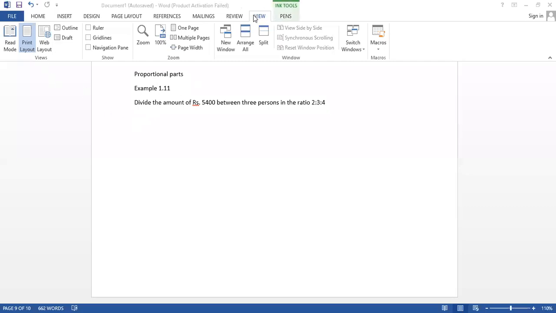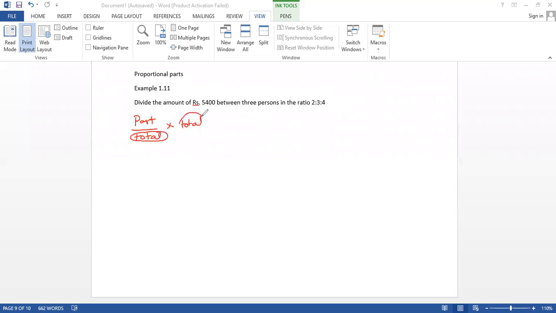Okay, so now over here, we're supposed to calculate proportional parts. We will be given an amount and the ratio, and we need to divide this amount into different parts. The formula to do this is that you take the part of the ratio divided by the total of the ratio, and you multiply it by the total amount.